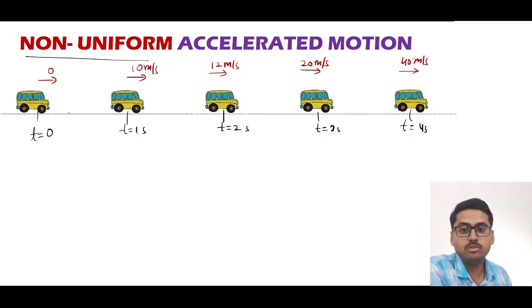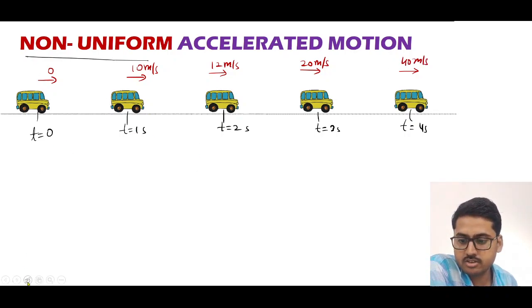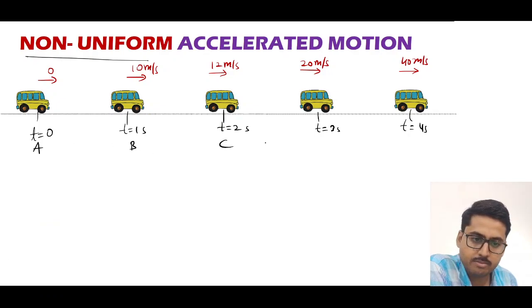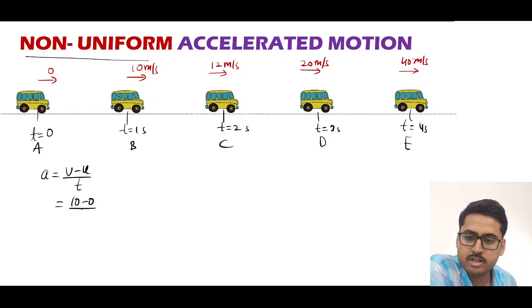Now if you calculate the acceleration for position A to B, let me write A, B, C, D, E. The acceleration a equals v minus u by t, and that will be 10 minus 0 by a time interval of 1 second, so it is 1, and that will give you 10 meters per second square.